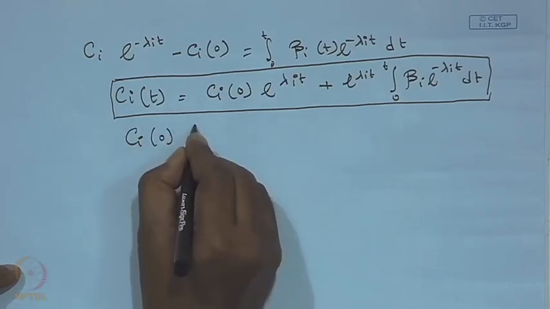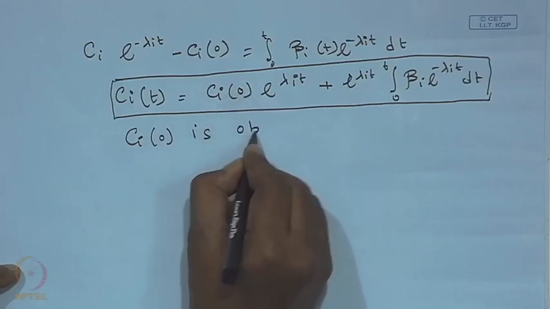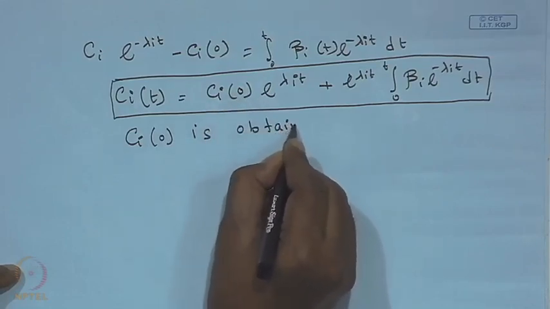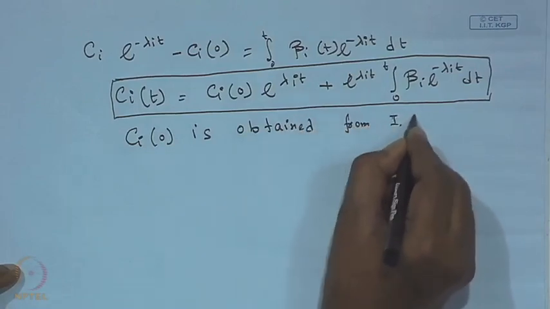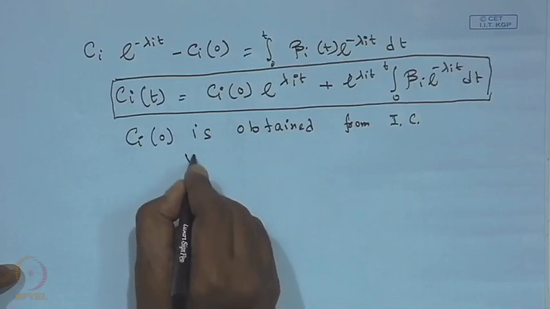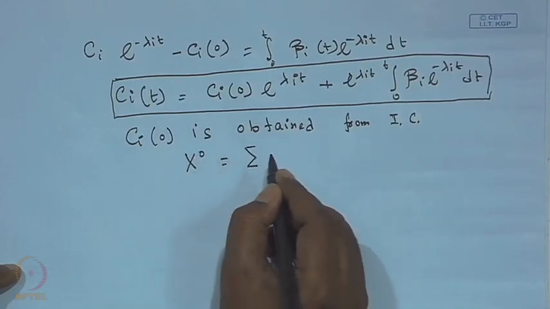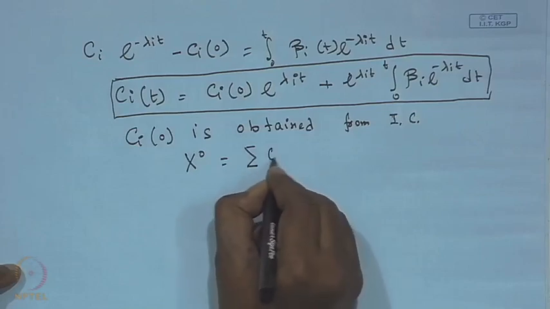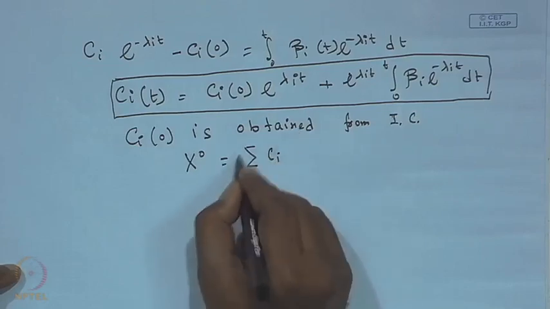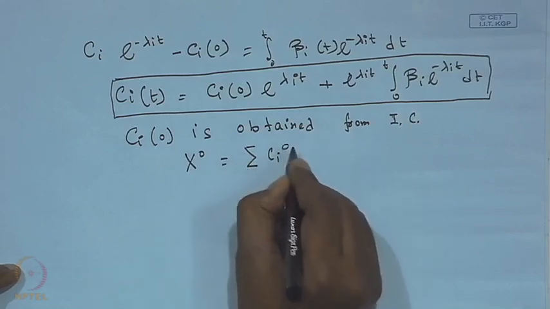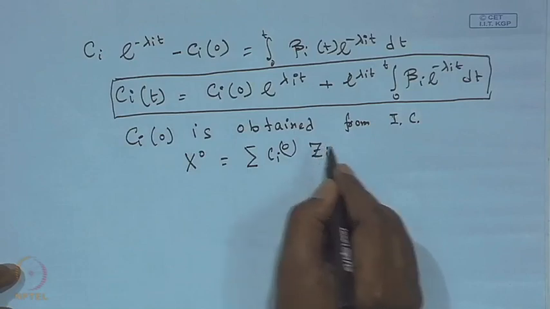Let us see how the c_i0's are obtained. The vector c_i0 is obtained from the initial condition, and what is the initial condition? We know the vector x0, that means all the solutions are known as the initial condition at time t equal to 0. So, this vector can be expressed as a linear combination of the independent vectors z_i.